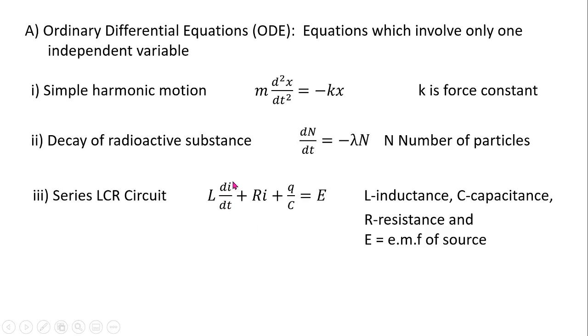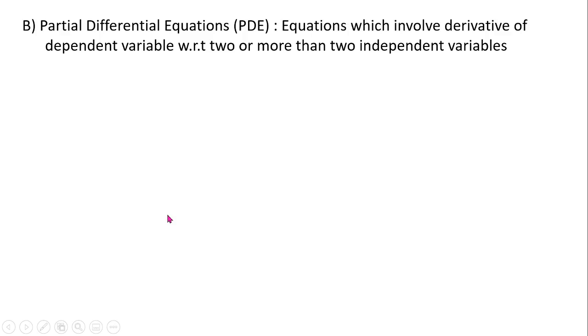In this equation, I is the dependent variable, changing with respect to time. Therefore, time is the independent variable, and this equation involves only one independent variable t. Therefore, this is an ordinary differential equation.